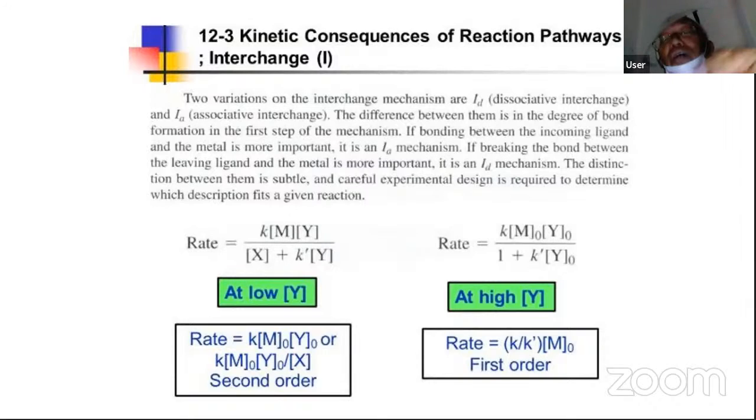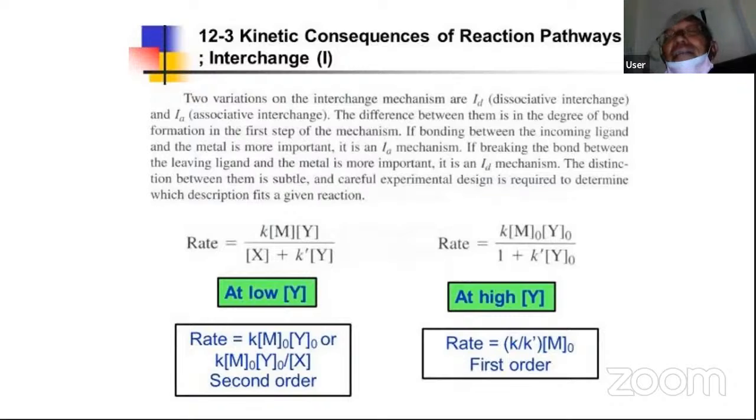So you have a situation where there is a second order reaction and a first order reaction. A second order reaction reflects two molecules coming together, which will be associative. And when it only depends on one reactant, the complex, then it may be dissociative.